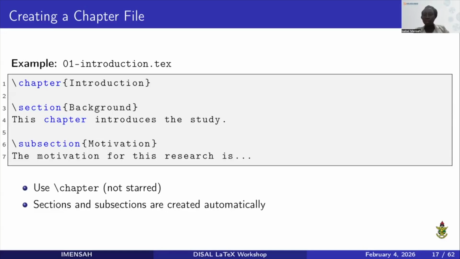If you have another subsection under the background, like the motivation, it will go 1.1.1 for you. So the sections and subsections are numbered automatically.